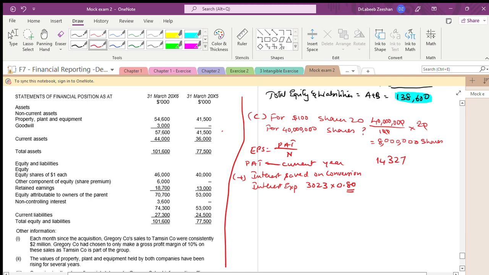Total is 100, in that you have to pay tax. Tax you are paying is 20. This is tax saved on interest.